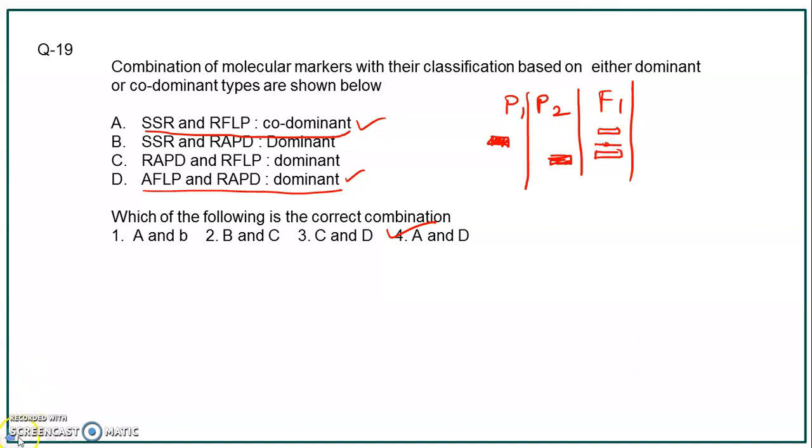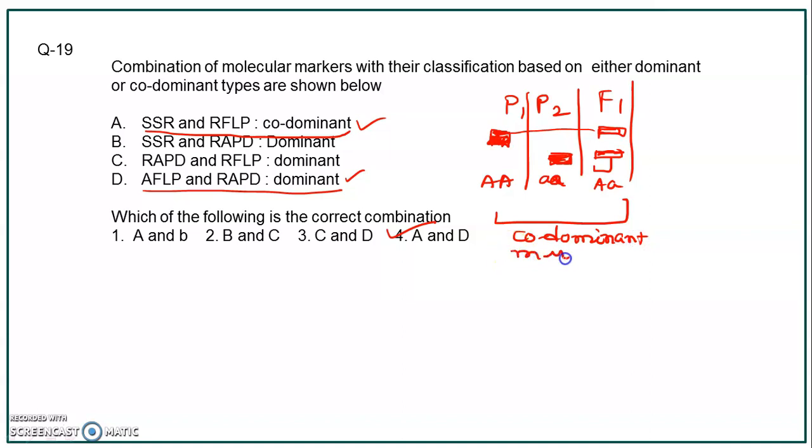These represent the co-dominant marker: capital A, small a. These are the small a condition, and these are capital A, with the bands parallel to each other. This is an example of a co-dominant marker.